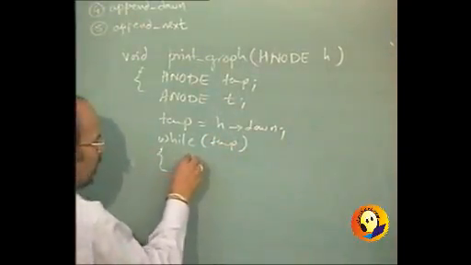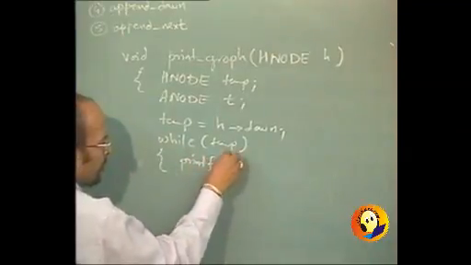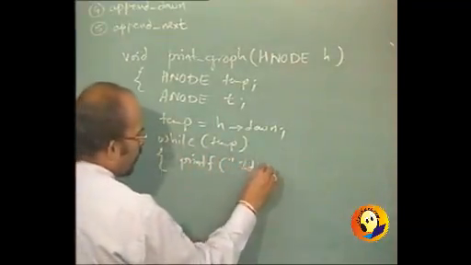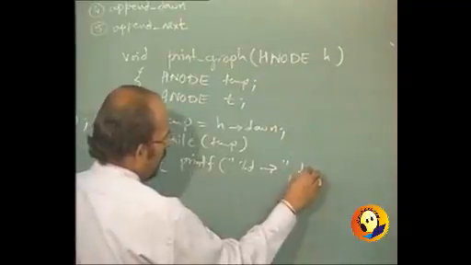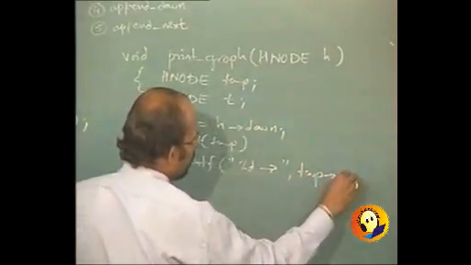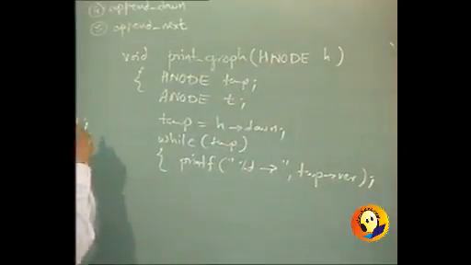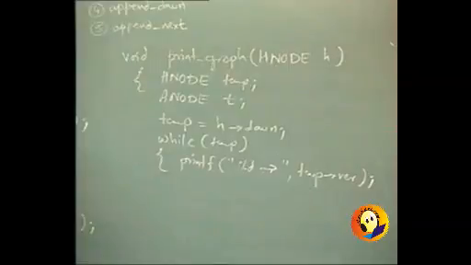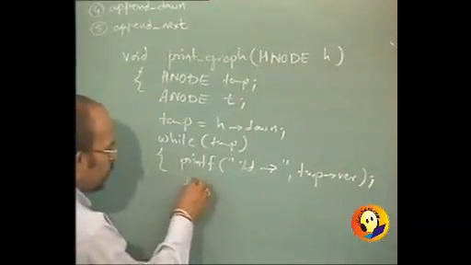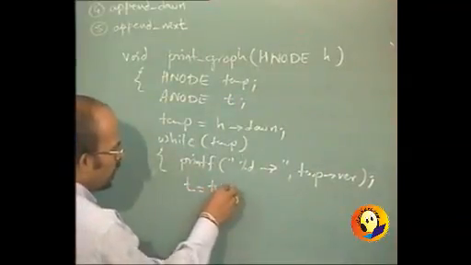I will first of all print the vertex over there as temp arrow VER. So the header list's down will be printed, the down list's first vertex. Next time it will be the second vertex, but on the new line. And then I am required to print the next node, so I will say T equal to temp arrow next.